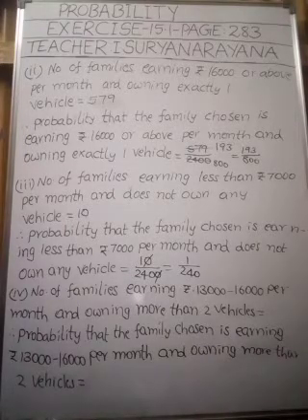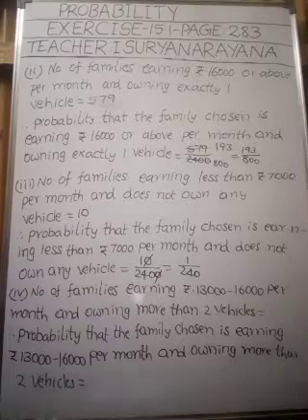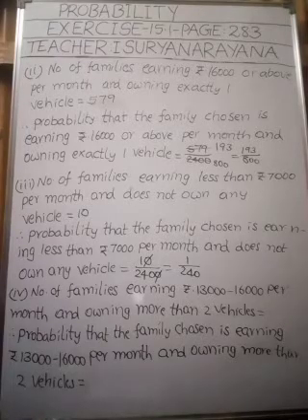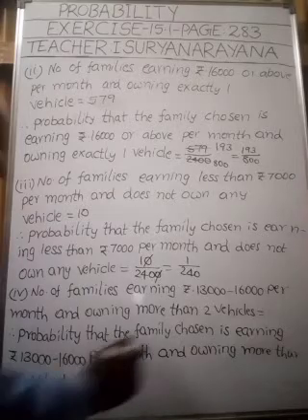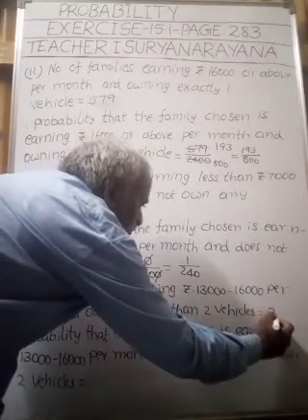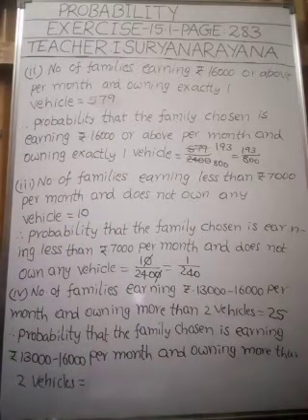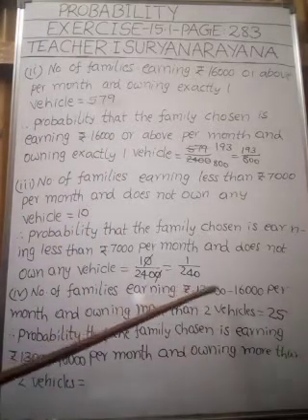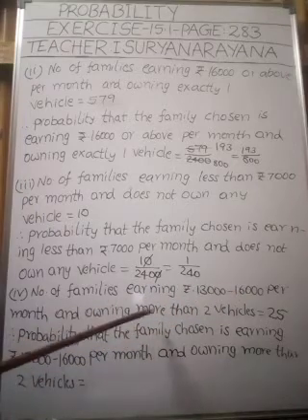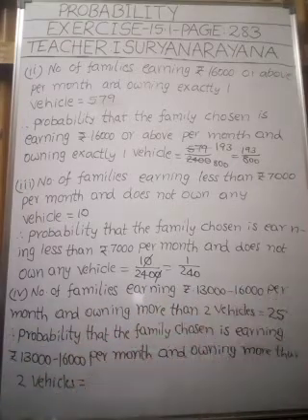Observe the table, my children. Yes, only 25. So 25 families are there. They are earning 13,000 rupees to 16,000 rupees per month and owning more than two vehicles.